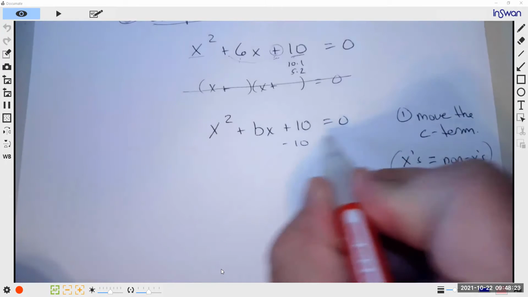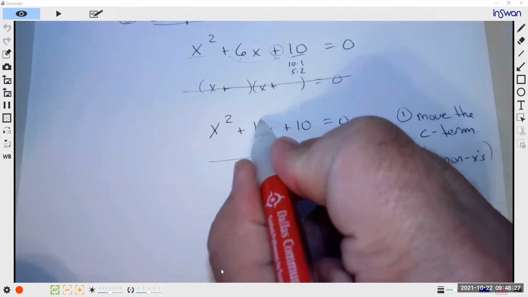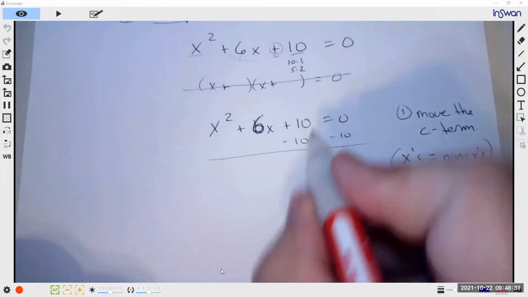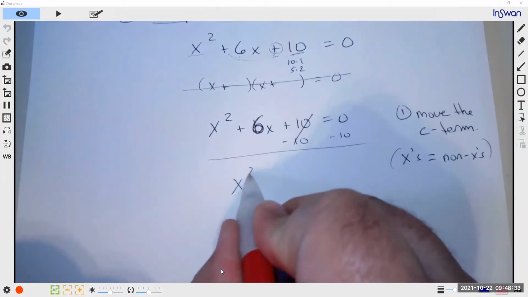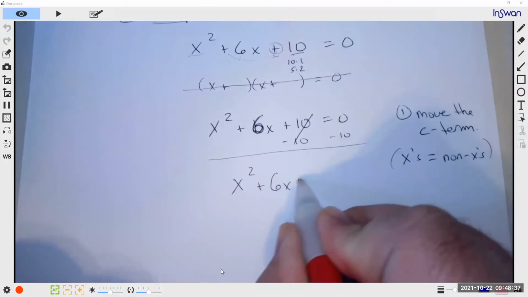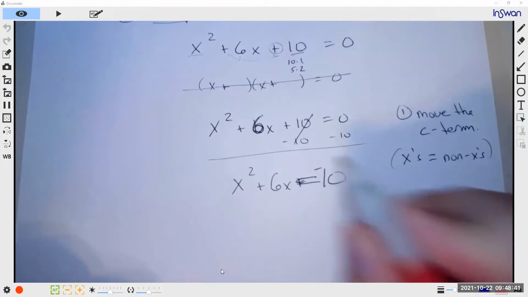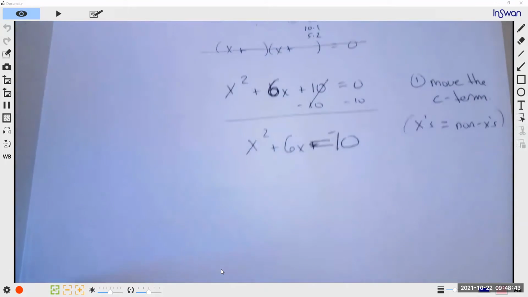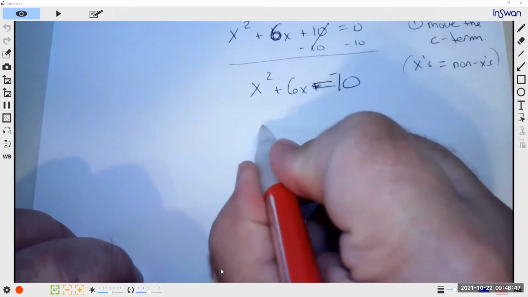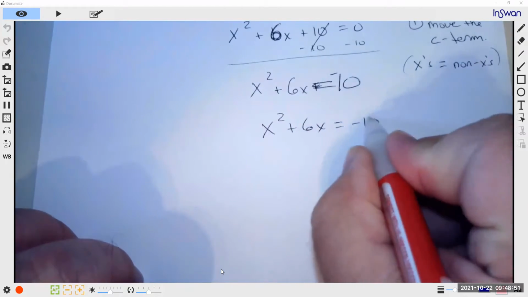So remove the C term. Oops, this is 6. So what we have now is x squared plus 6x equals -10.